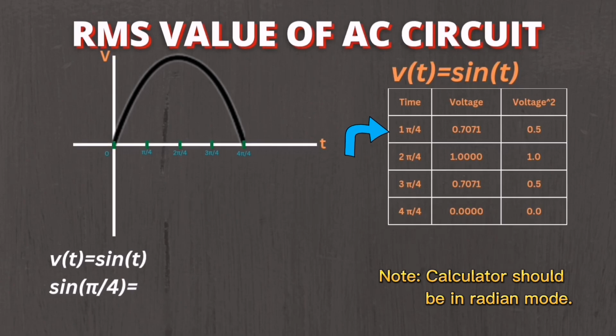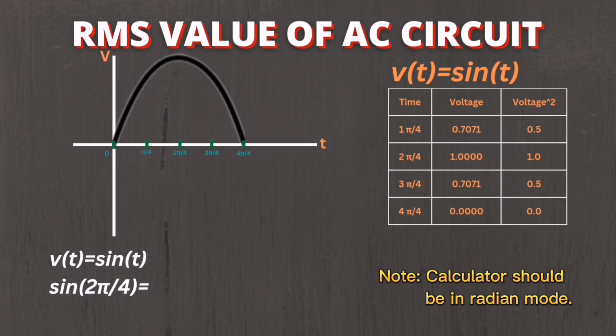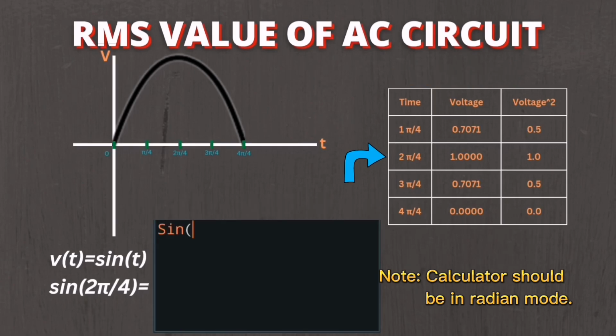To solve the voltage, we have sine pi over 4 is equal to 0.7071 volt. Then the square of the voltage will be 0.5. For number 2, the time t is equal to 2 pi over 4 or pi over 2. Sine pi over 2 is equal to 1 volt. Then the square of the voltage is equal to 1.